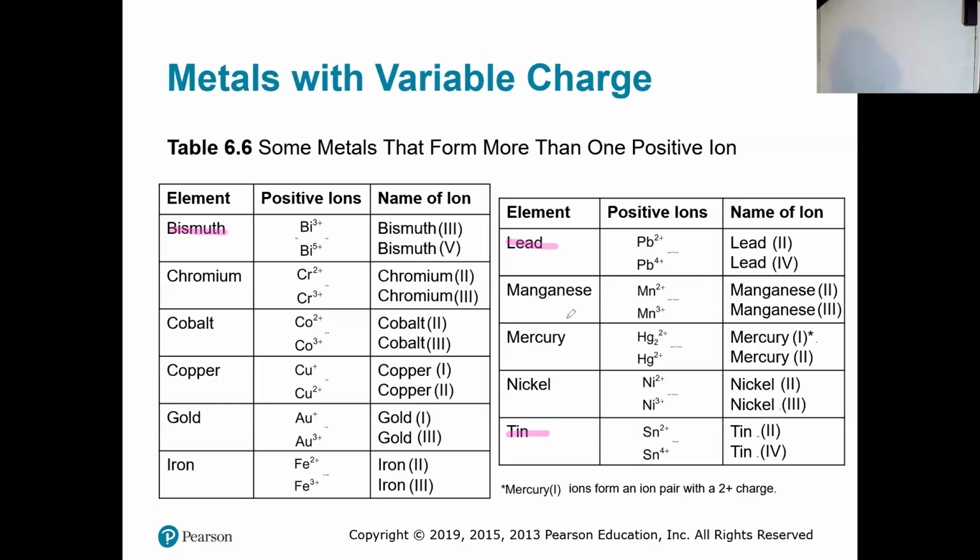And you do have to know that those three are our exceptions, just like you have to know that silver, zinc, and cadmium always have the same charge, even though they're inside of the transition metal box. A lot of that will come with practice, though, because you're going to see these things repeatedly.